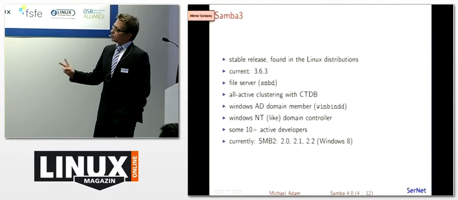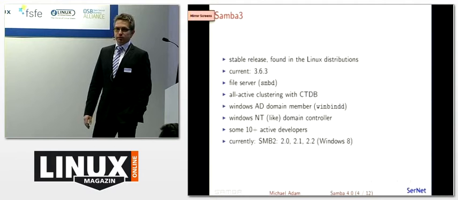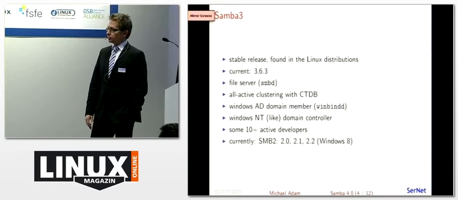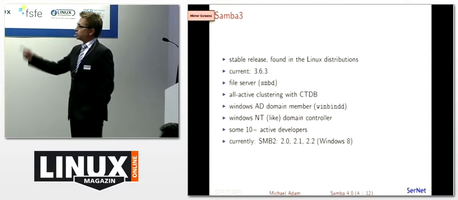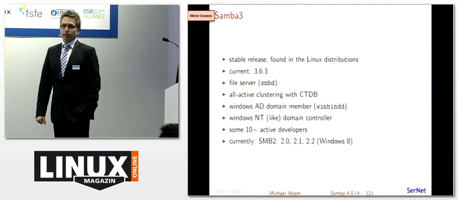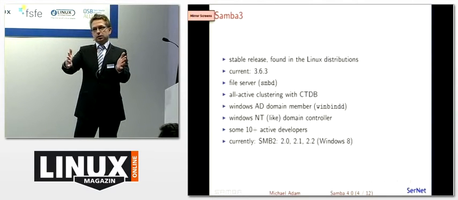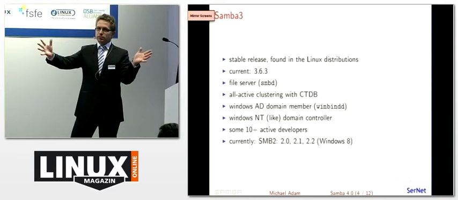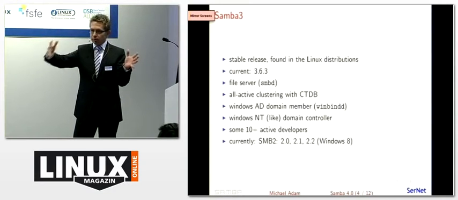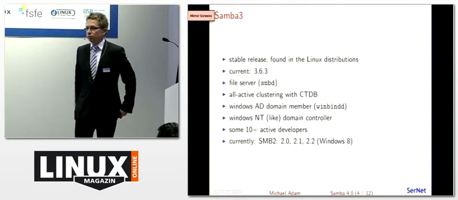One important thing that has made a difference in the past couple of years in the choice of Samba as a file server, let's say over Windows file servers, is the ability to do all-active clustering, meaning we have a cluster file system and we run Samba on each of the nodes. We can scale out, meaning we can add nodes to the file system cluster, we add Samba nodes, and we can serve more requests at a time.